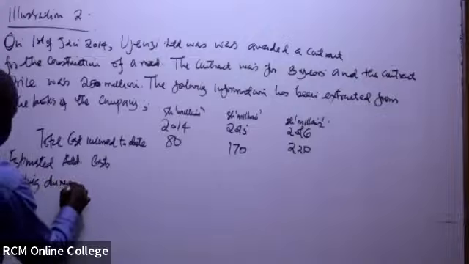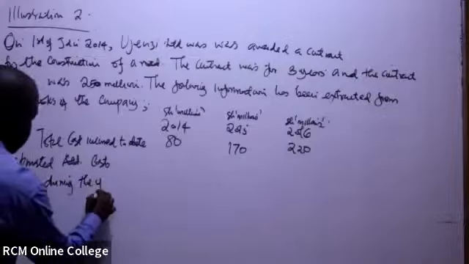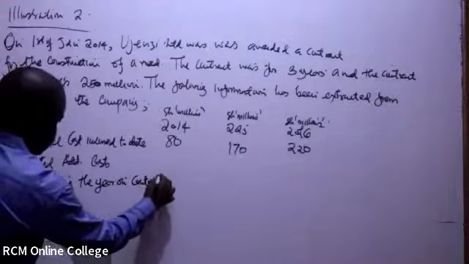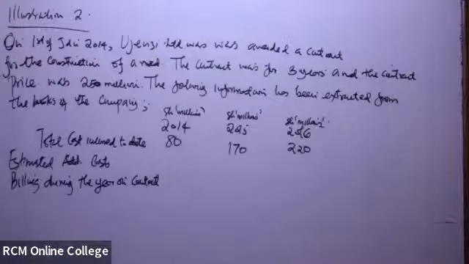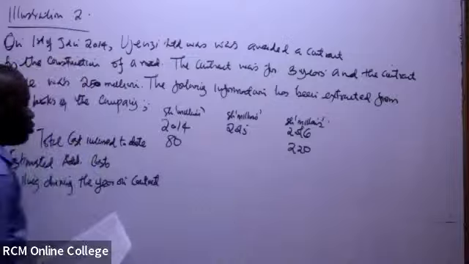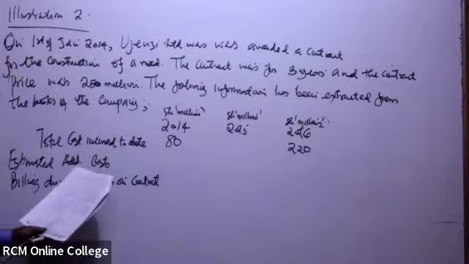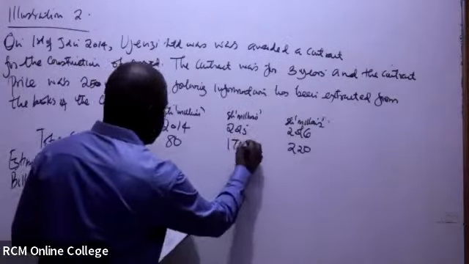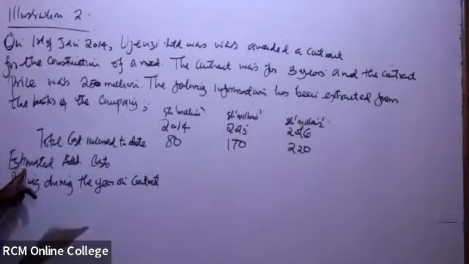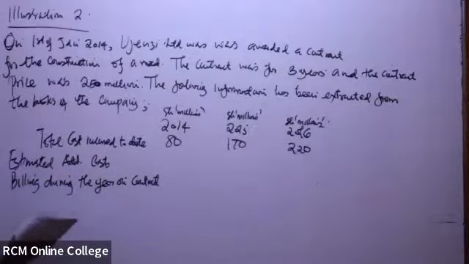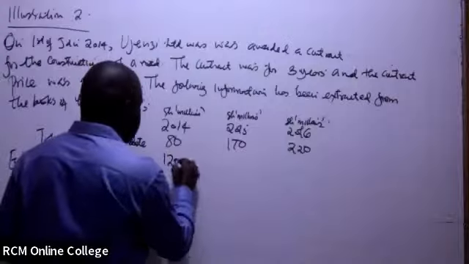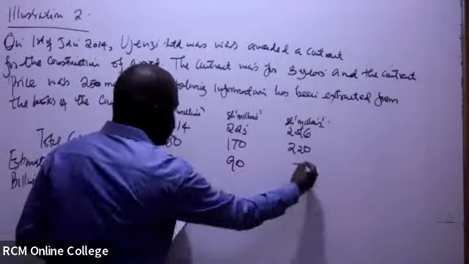So this one is estimated additional costs: this one is 120, this one is 90, and this one we don't have.